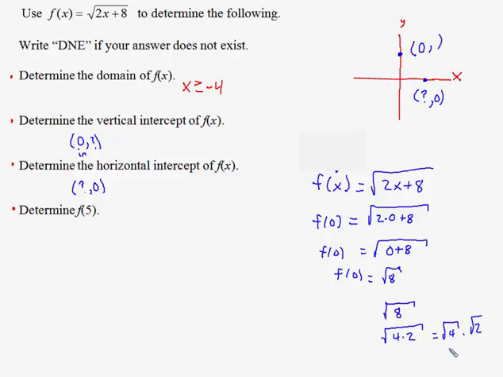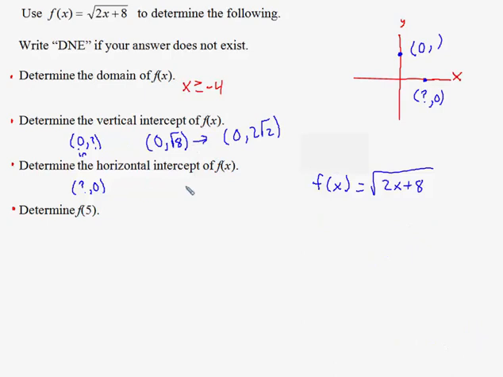And the square root of 4 simplifies out to be 2, and you're left with 2 square roots of 2. So whether you label this point 0, square root of 8, or 0, 2 square roots of 2, that is up to your individual teacher whether they want you to simplify that radical.